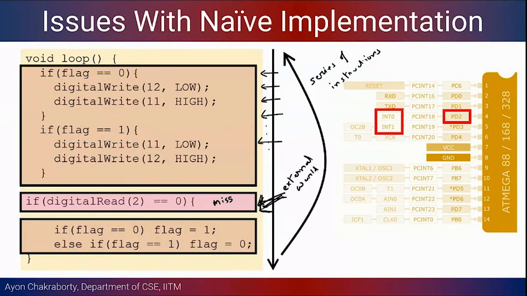An interrupt interrupts the normal flow or execution of the series of instructions in the code. Whatever we are doing will be interrupted, and you need to serve that particular interrupt using a certain function called the ISR, or interrupt service routine. In this microcontroller, there are two external interrupt pins where you can attach external hardware.